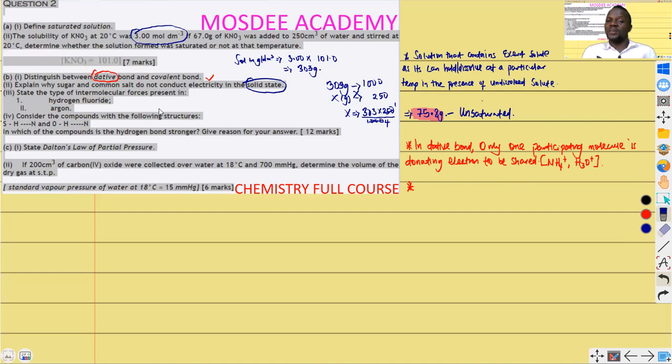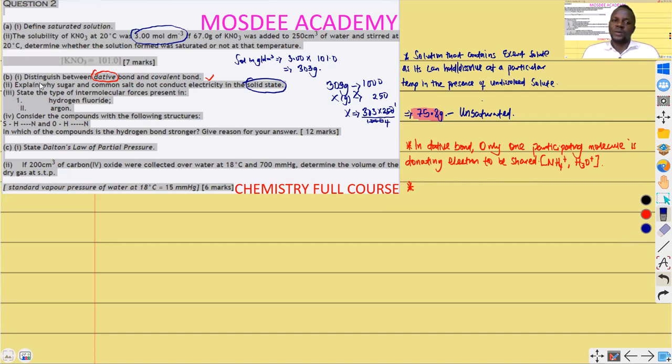We talk about free mobile ions, mobility of electrons. So if they are in solid form, you don't expect them to conduct electricity. You can just write, because if you like writing a lot of stories, everybody cannot think in the same way, but we're actually driving to the same point. That is why the examiner easily knows if you are copying each other. That's why you need to know it and put it in your own language.